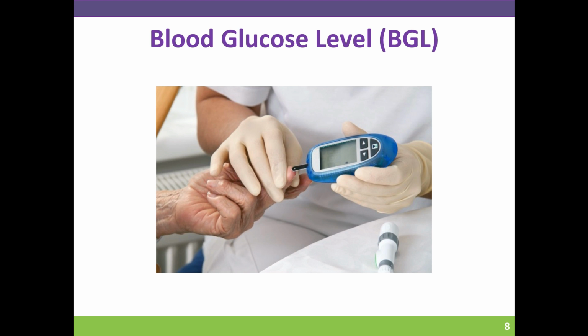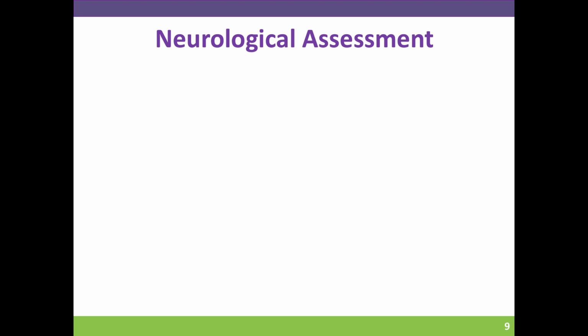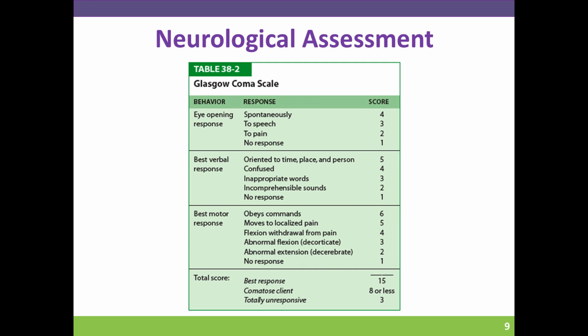Another assessment that's regularly completed is a neurological assessment. This assessment is completed often on a client after they've had a fall to check the function of their central nervous system, including the brain. A common type of neurological assessment that's completed is known as the Glasgow Coma Scale, a GCS.